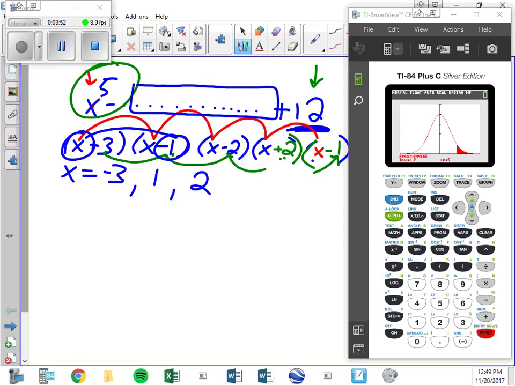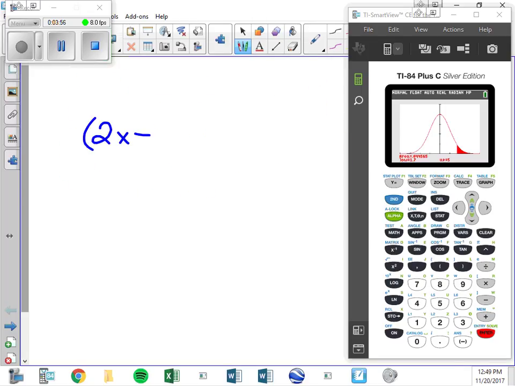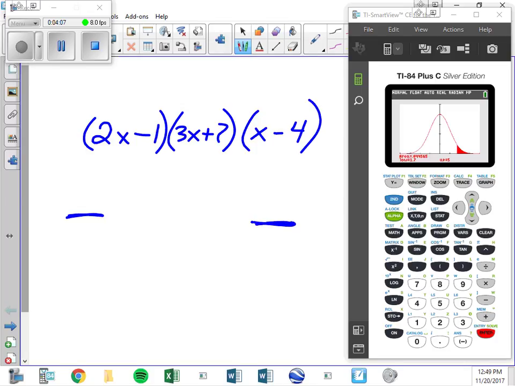Right? So if I had 2x minus 1 times 3x plus 7 times x minus 4, can you tell me the first and last term of this polynomial? Well, it would be this times this times this, which is 6x to the third.